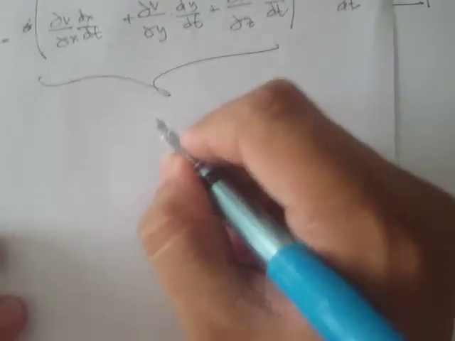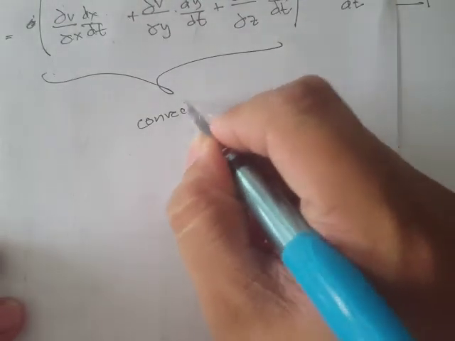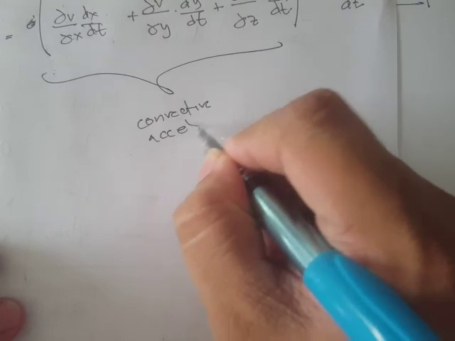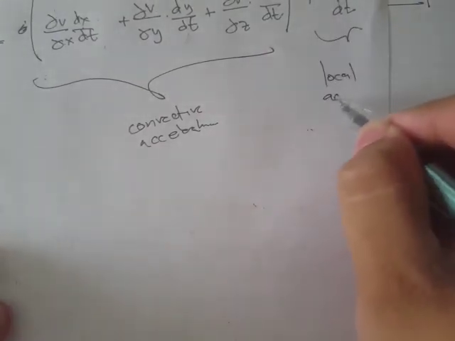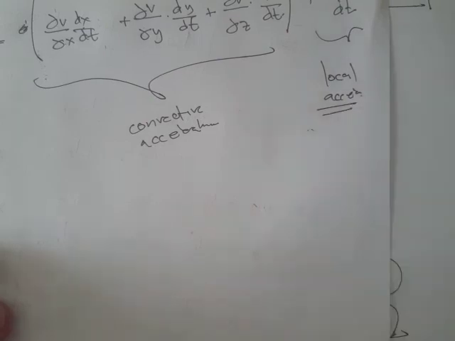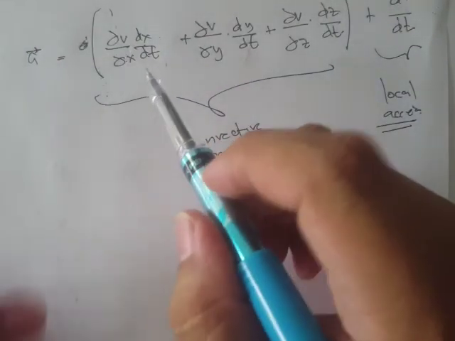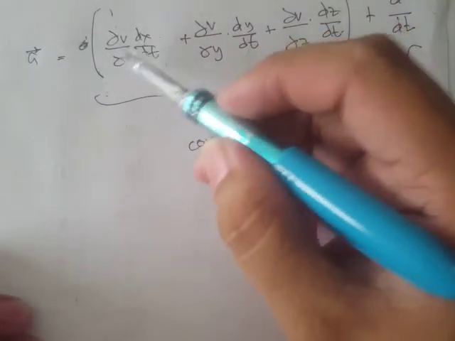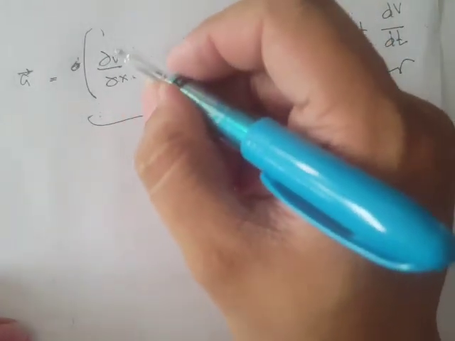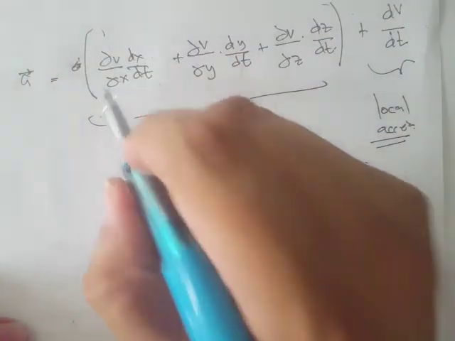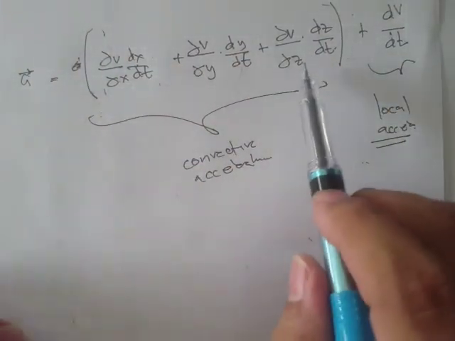This first part is called the convective acceleration, and this one is the local acceleration. The equation simply tells us that we have to take into account the velocity along the x-axis, the y-axis, and then along the z-axis.